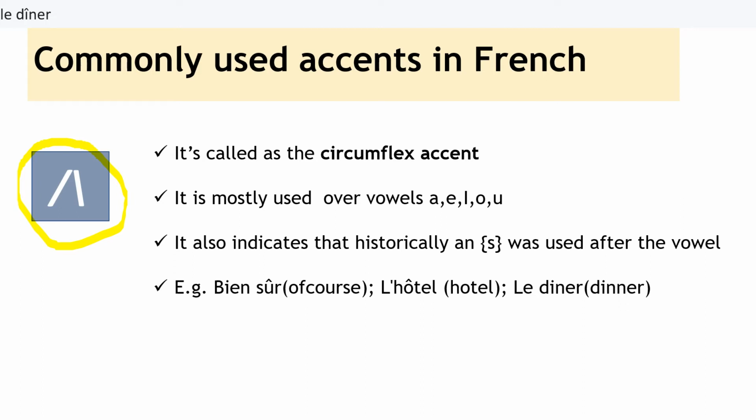Now for example, bien sûr, of course, l'hôtel, hotel, le dîner, dinner. So what we have learned till now is the grave accent and the circumflex accent. Circumflex accent is not much used, however, definitely you will find it in some of the words. Let's move on to the next one.